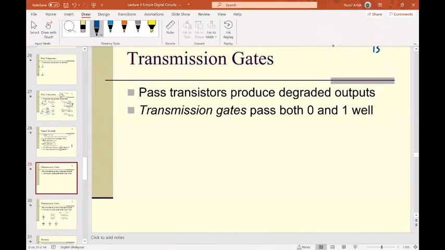So, transmission gates. Okay, what is a transmission gate? Just now we had pass transistors that produce degraded outputs. We have 0 or 1, either a strong output or a degraded output. So a transmission gate should pass both 0 and 1 very well.